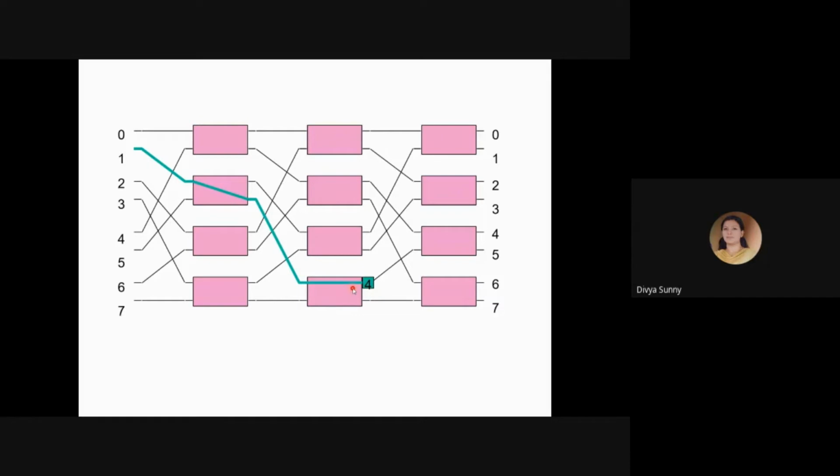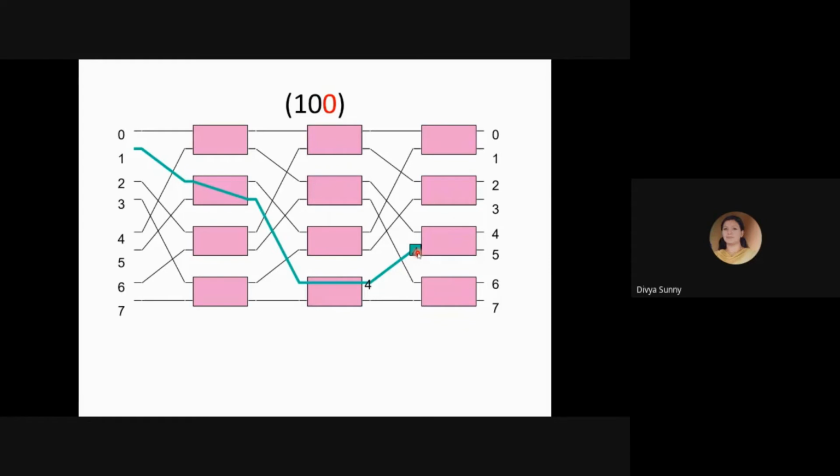And then it comes here because there is only one connection from here. So it comes here, and at this stage it checks the least significant bit. So here the least significant bit is 0.